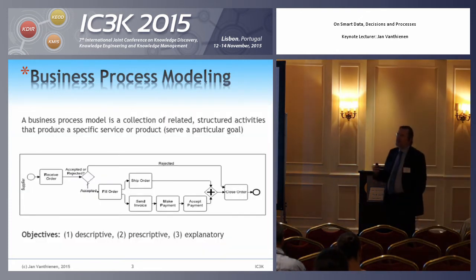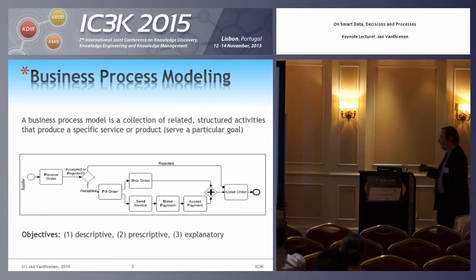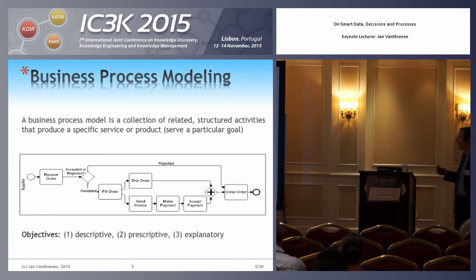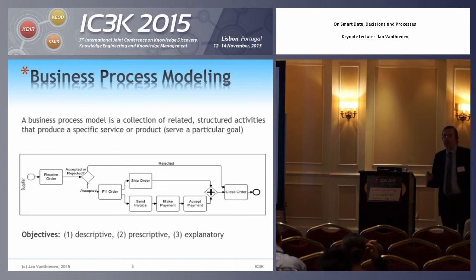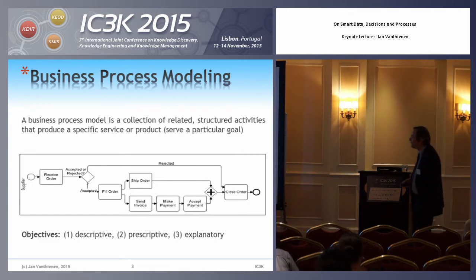The problem is that business process modeling is only one way to look at things. A business process model will say, we have a number of activities, a collection of related activities that will produce a specific service according to a certain goal, and then prescribe or describe an order of doing things.